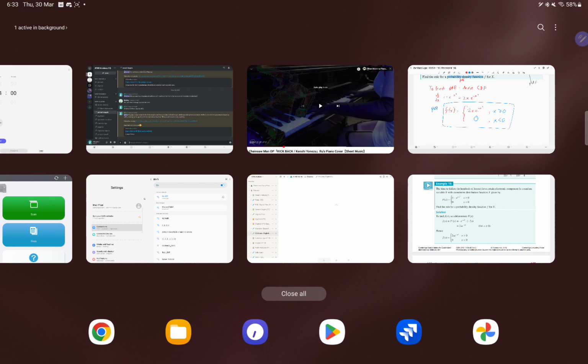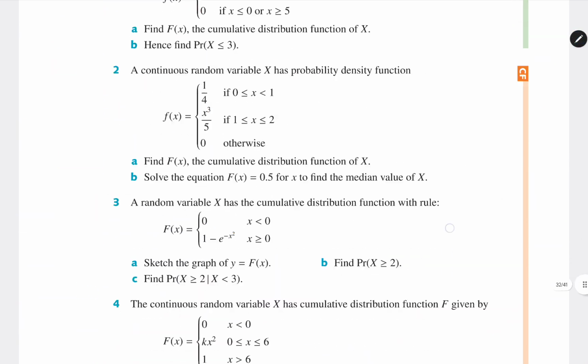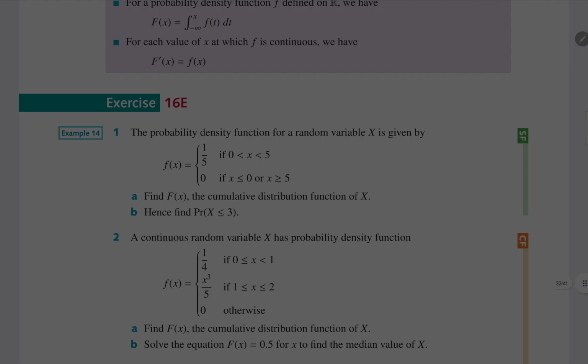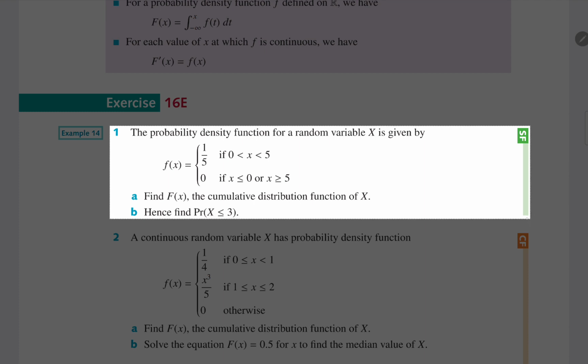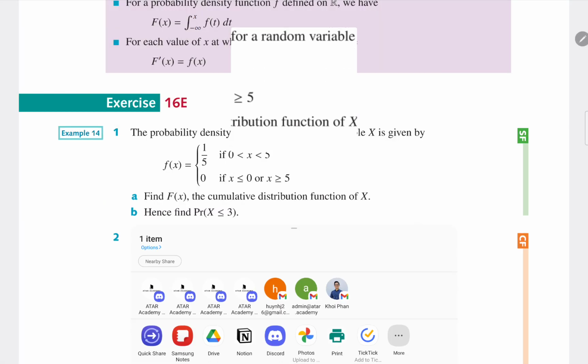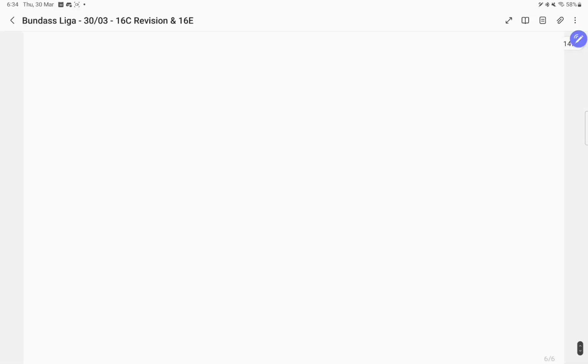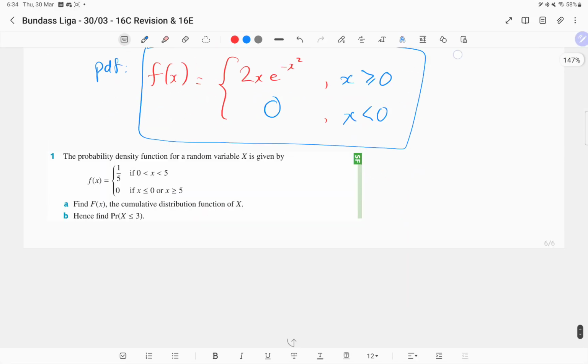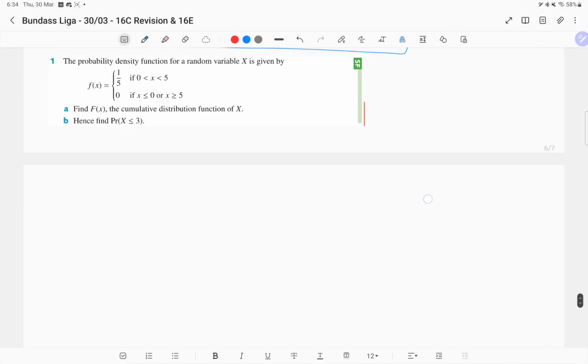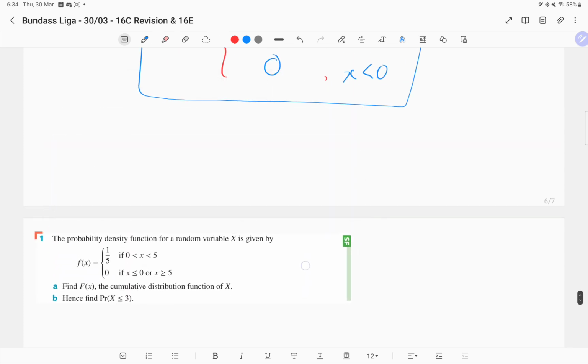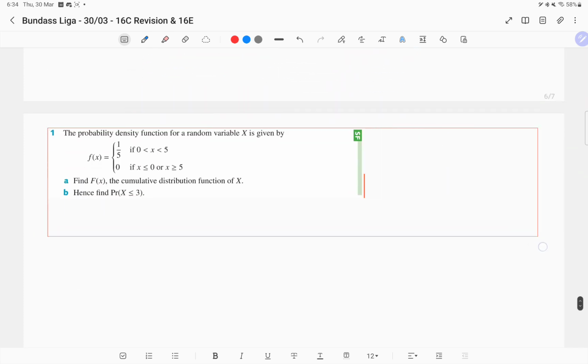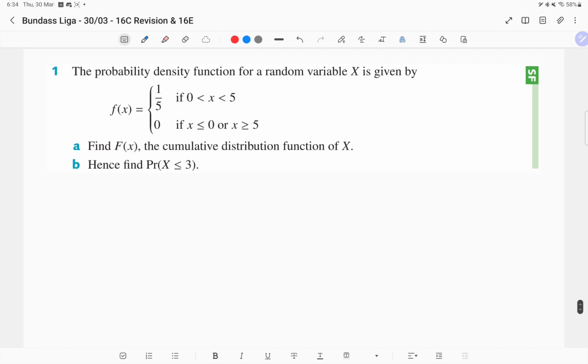Okay, all right. Time for you to actually do some practice. Question 1. For question 1, I will help you out a little bit by writing the formula here.